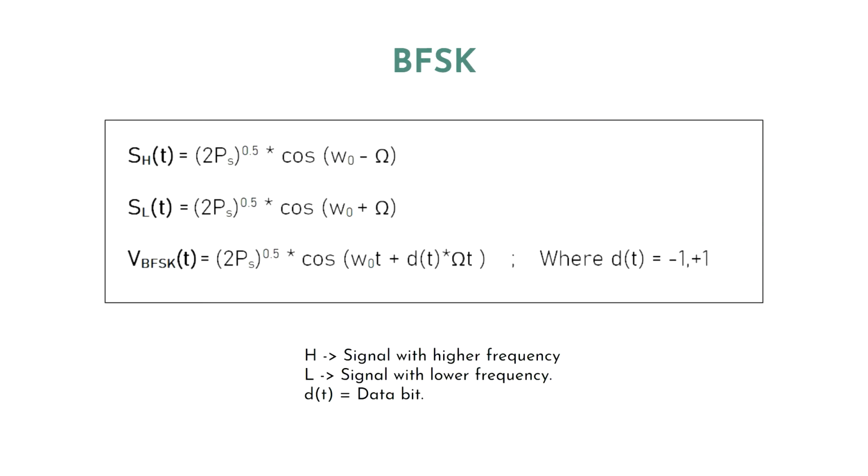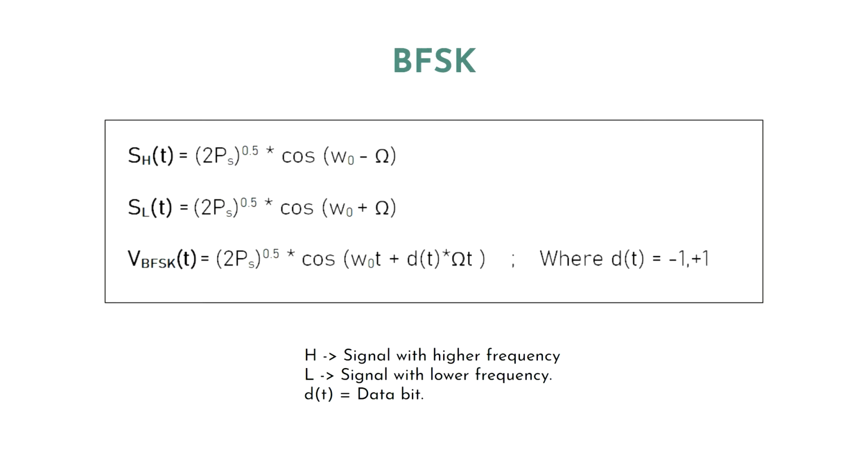Now let's start with the analysis of BFSK. Here we have two signals. One is the high frequency signal SH of t and one is the low frequency signal SL of t. We can see the value of SH of t is equal to root 2Ps times cos of (omega naught minus delta) t, and SL of t is equal to root 2Ps times cos of (omega naught plus delta) t.